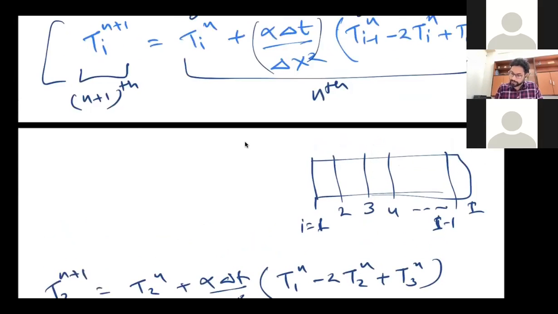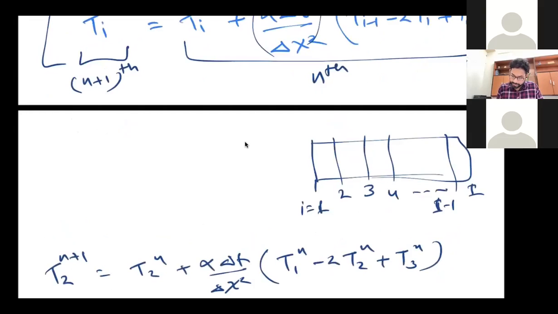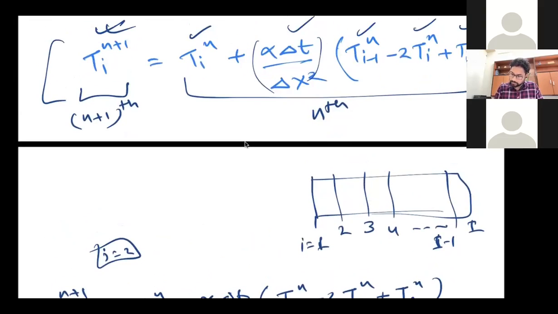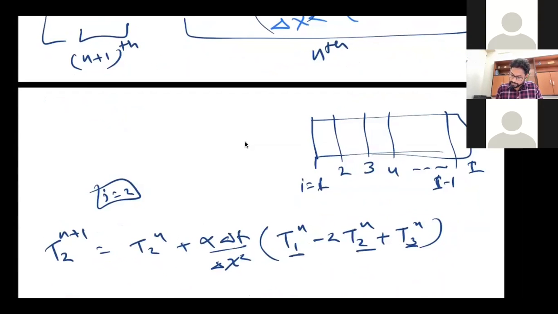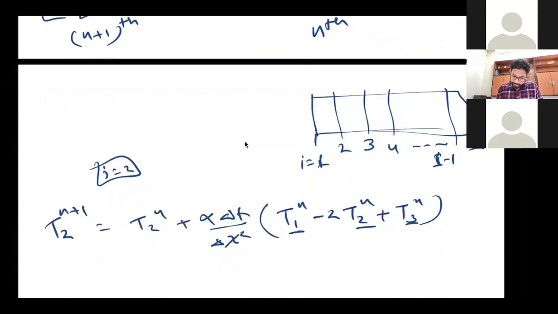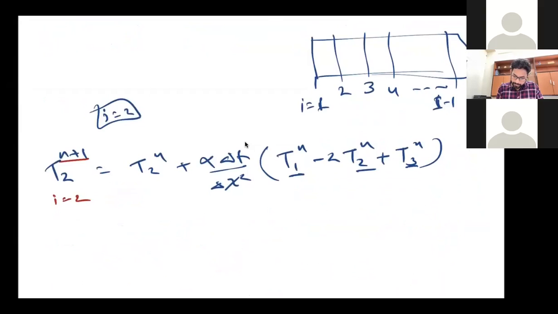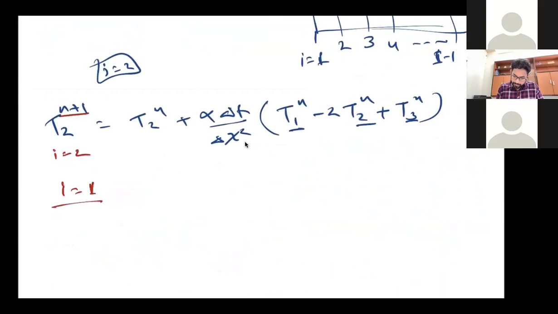Because at the moment we are considering I equal to 2, so this one should be 3, this one should be 1, and this one should be 2. And that is what we have: 1, 2, 3, all nth terms. And then we calculate the n plus 1 term for I equal to 2.